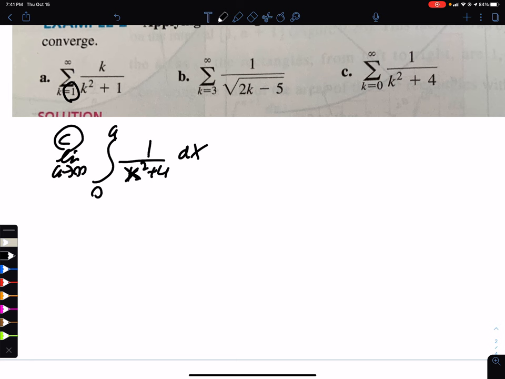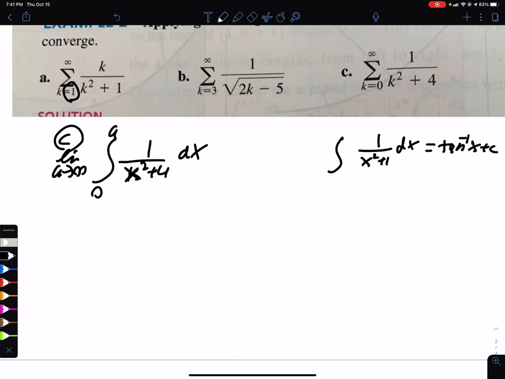All right, once upon a time, you knew something. You knew the integral of 1 over x squared plus 1 dx was arctan x plus c. And then you say to yourself, self, I wish that 4 weren't there.